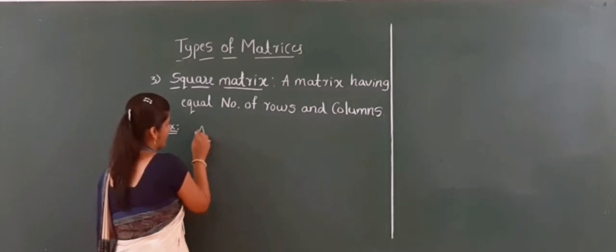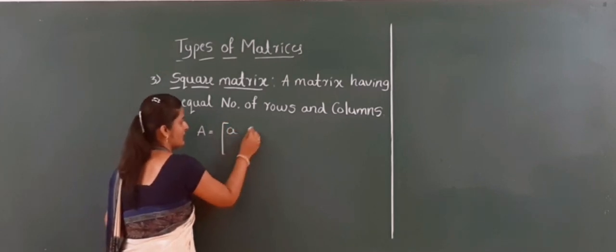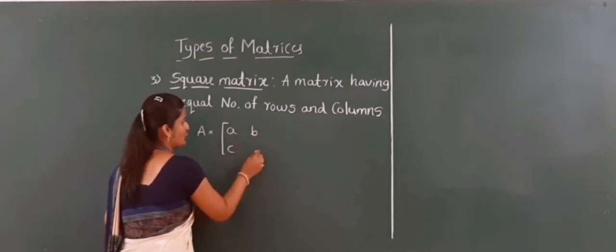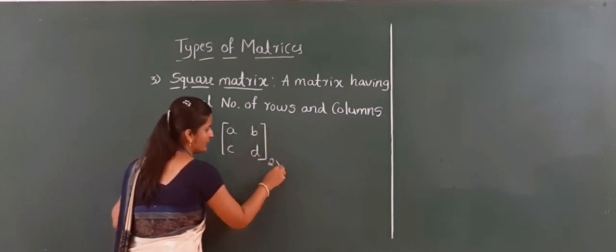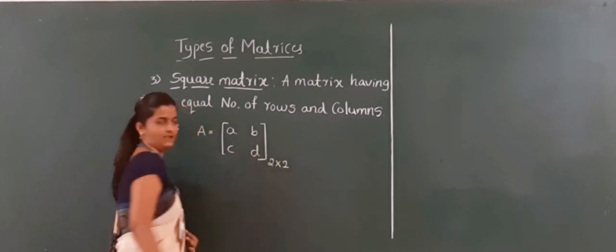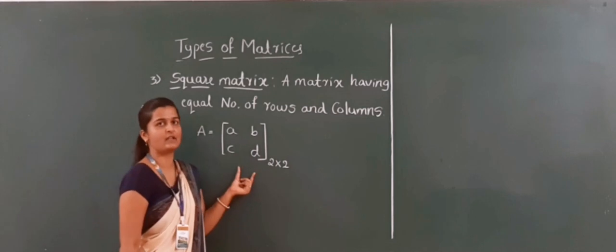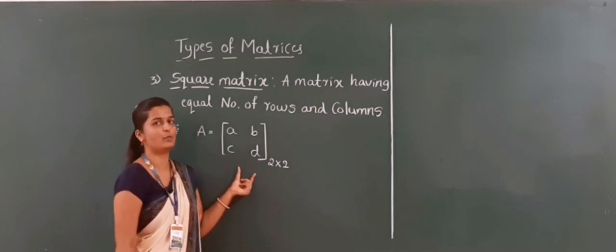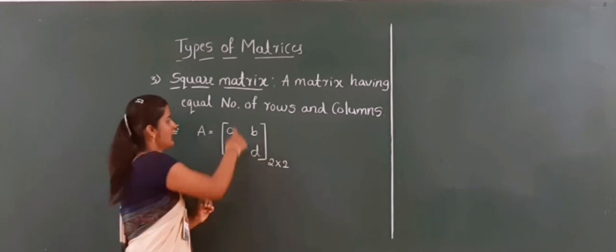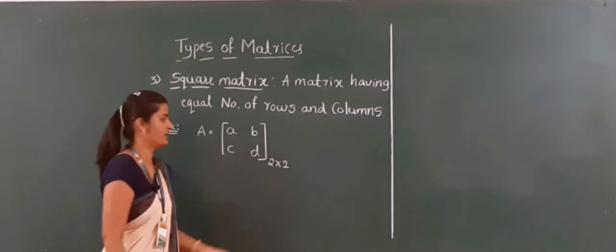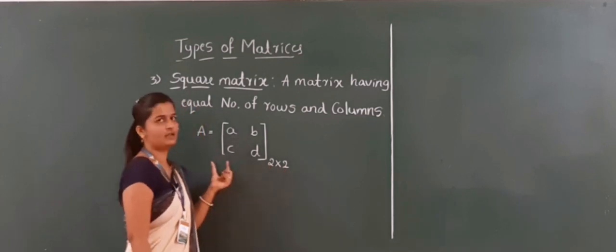There is a matrix A where the number of rows is 2 and the number of columns is also 2. So see here, is this a square matrix? To tell whether this is a square matrix or not, first we will write the number of rows and number of columns. How many rows? 2 rows. How many columns? 2 columns. The order of this matrix is 2 by 2. So this is a square matrix.